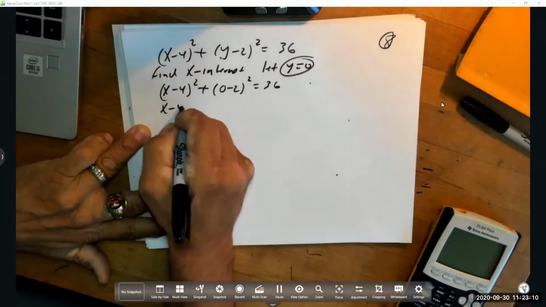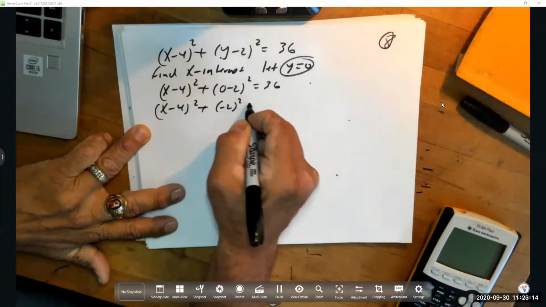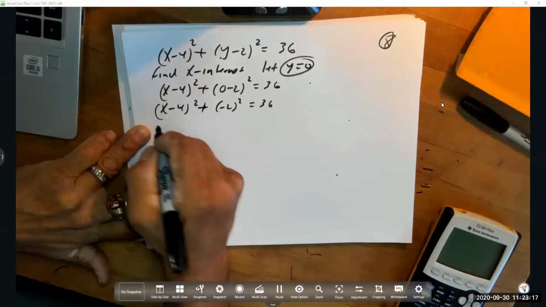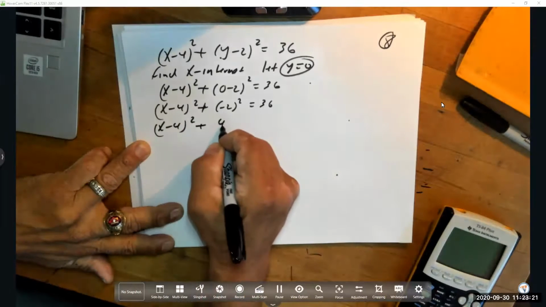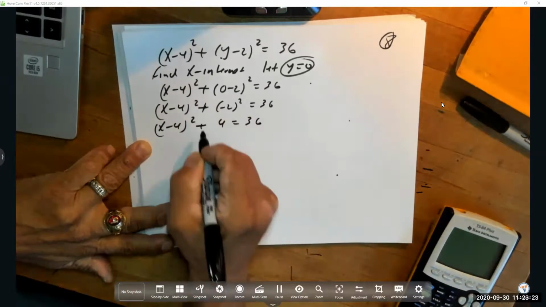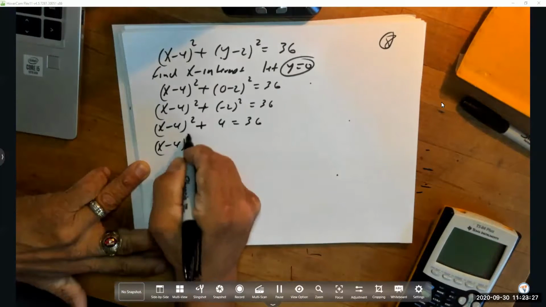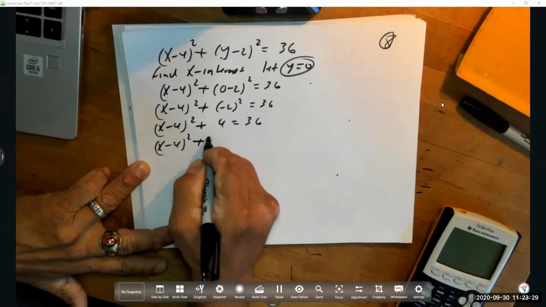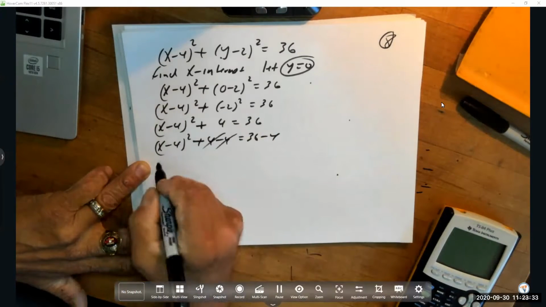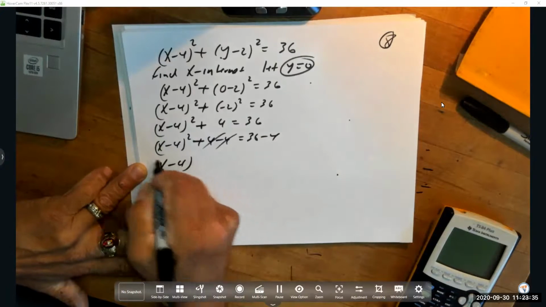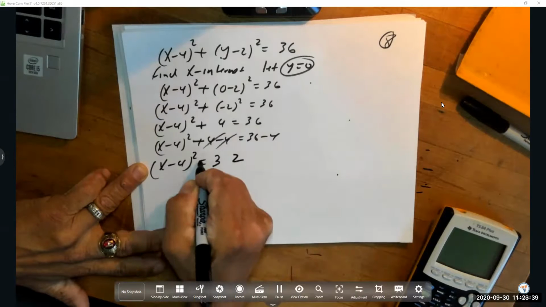So (x minus 4) squared plus negative 2 squared is 36, which is (x minus 4) squared plus 4 equals 36. Now subtract the 4 from 36, so these are gone, and (x minus 4) squared is 32.